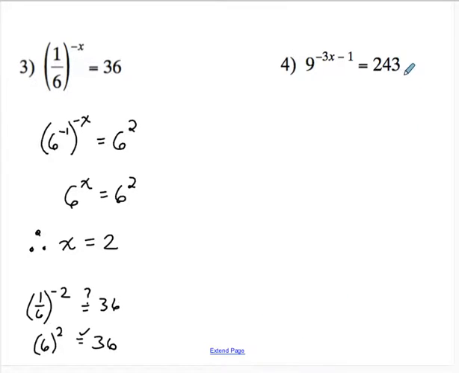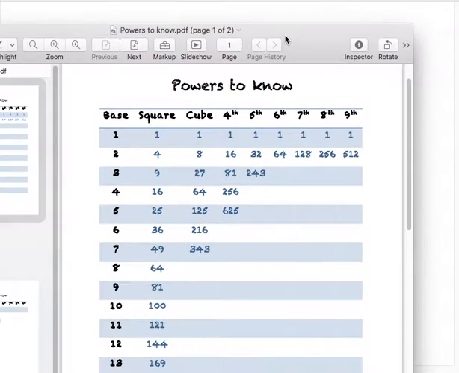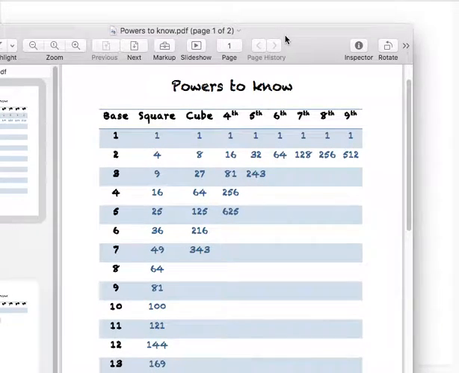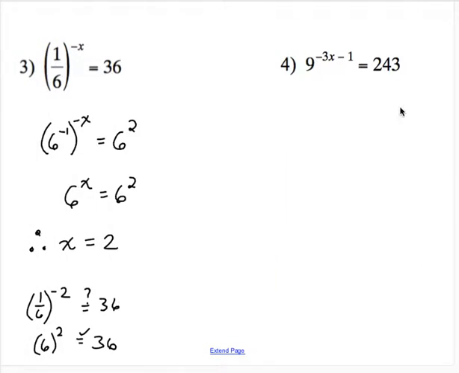Here we have a case where we've got different bases. But I can find a like base because I notice that they are both, and I know this because they're on my powers to know sheet, powers of 3.